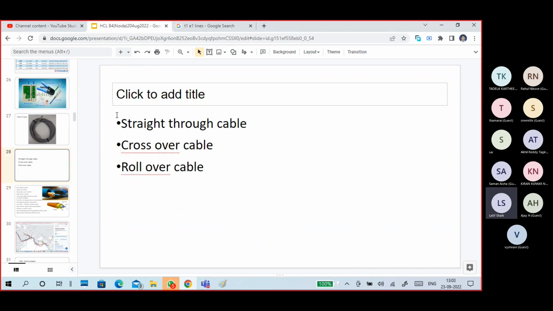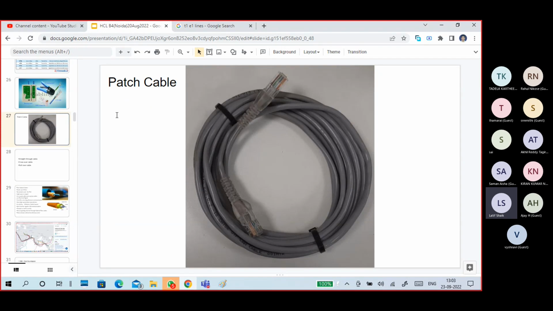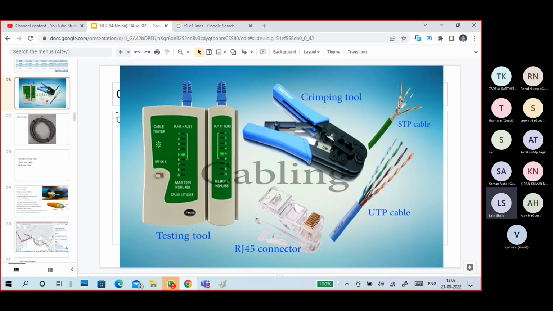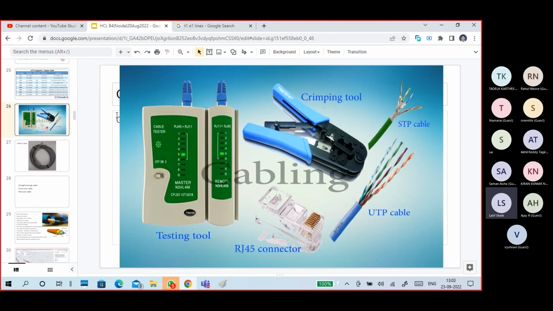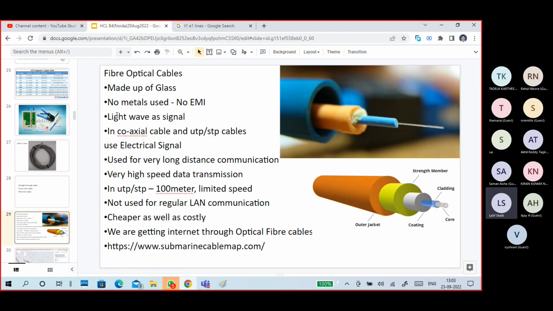Copper cables don't give high-speed data transmission, and they don't support very long distance communication either. UTP and STP cables support up to 100 meters only, irrespective of the category or how many twists there are.